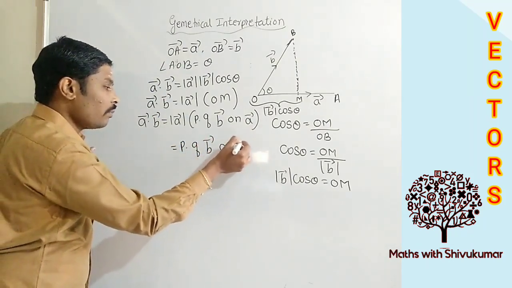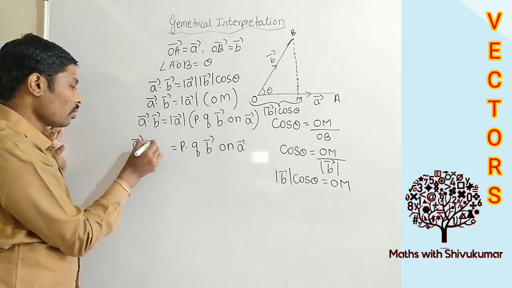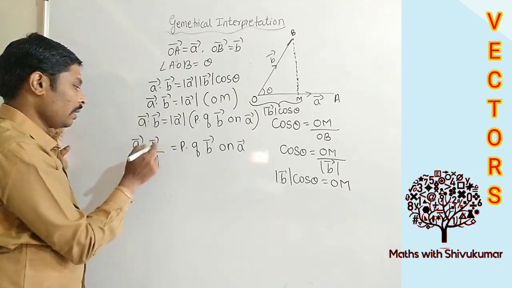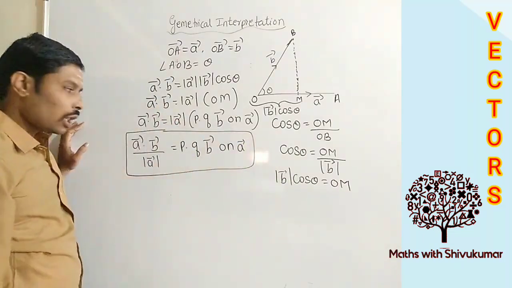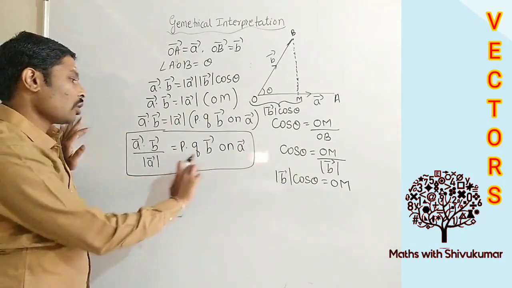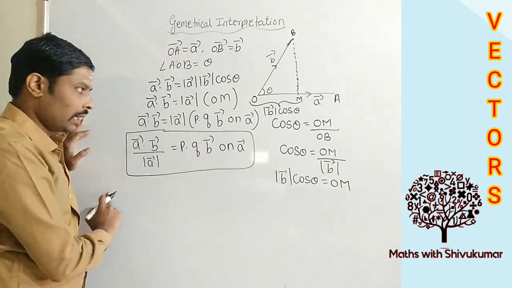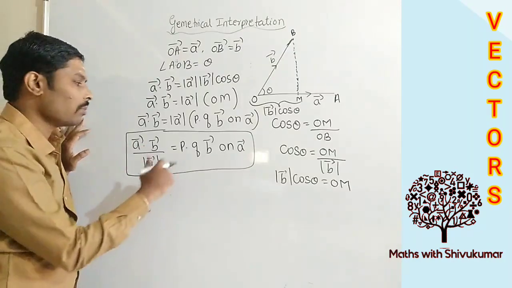The projection of vector B on vector A is A dot B divided by magnitude of A. This is another formula we have derived. Projection of B on A equals A dot B divided by A, or we can say B dot A divided by A, no problem.